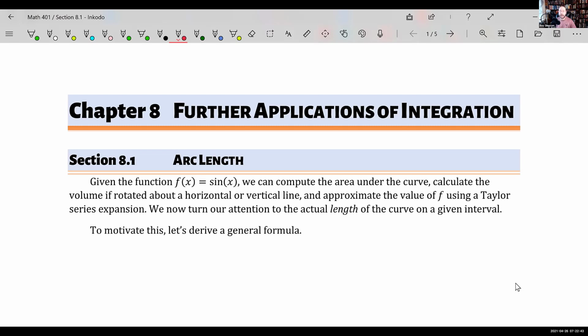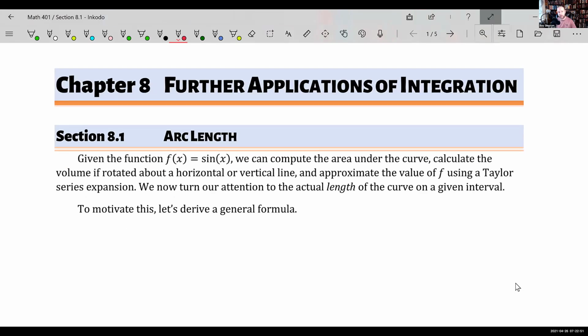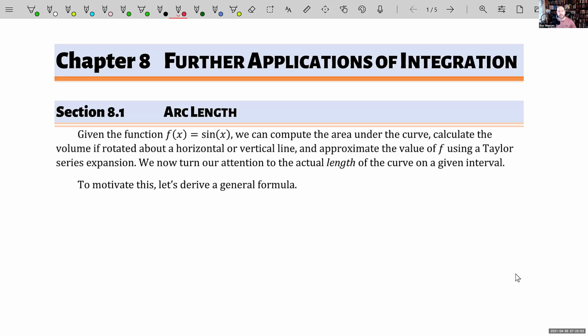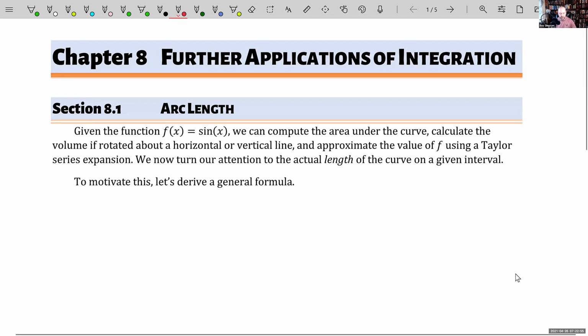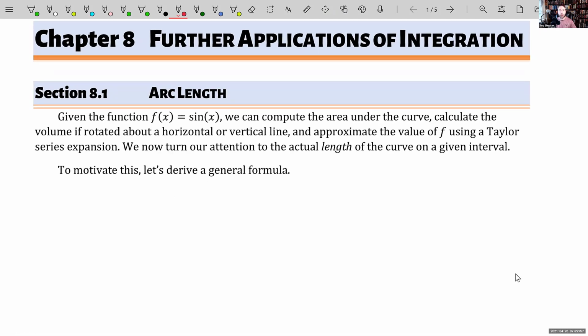You're going to find this material much easier than Chapter 11, which is why I choose to do it at the end of the course rather than in the order presented in the textbook. You do not need this material for Chapter 11 at all. It's completely disjoint from Chapter 11, so it's very nice to hop back to this to round out the course.